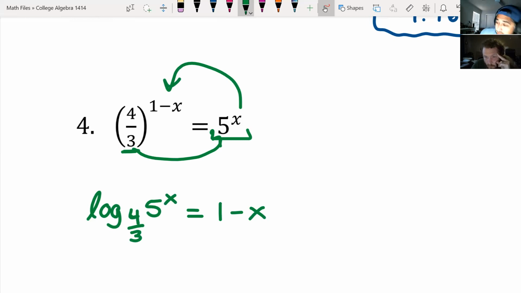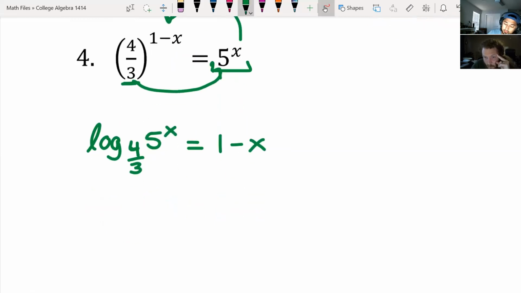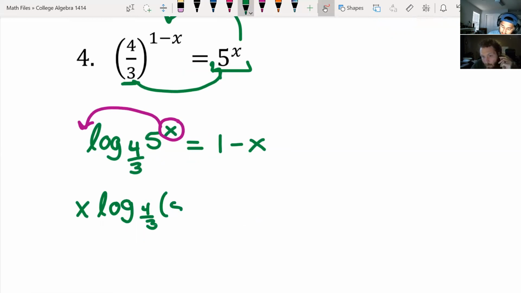So we have converted from exponential to log, and now we will solve for x, which means that this x is coming to the front. So we power rule that, and you get x times the log base 4/3 of 5 equal to 1 minus x.